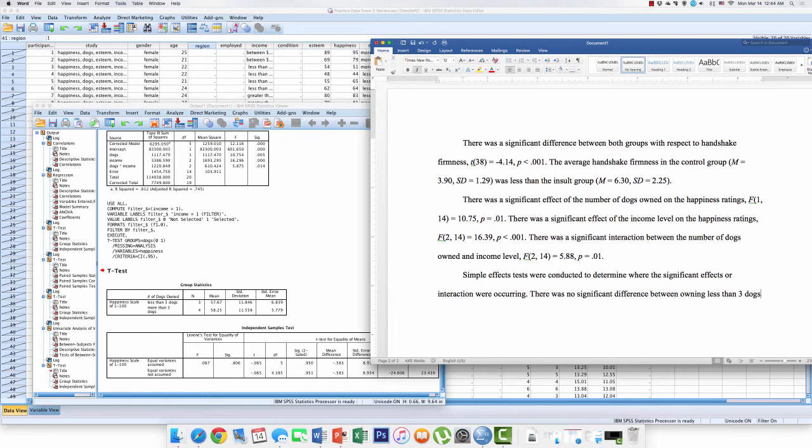Oops, sorry. There was no significant difference in happiness ratings for the participants making less than $30,000.